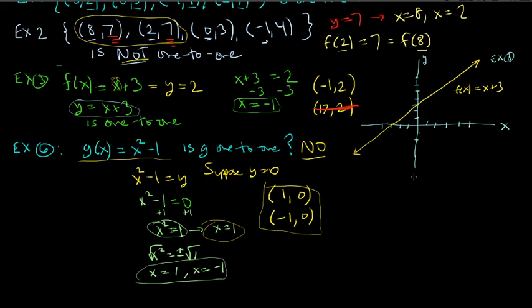And now we can do a very rough sketch of g of x, which is x squared minus 1.